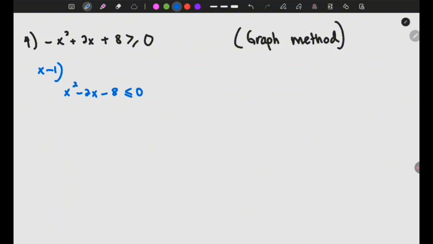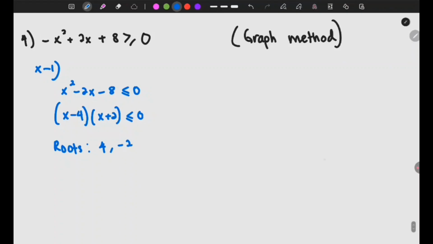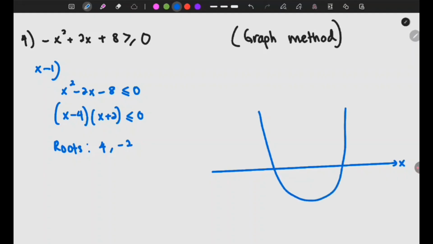So your roots are this, right? One is 4, another one negative 2. And since it's the graph method, draw a graph. One is negative 2, one is 4. And where you want to sketch, either here or here.